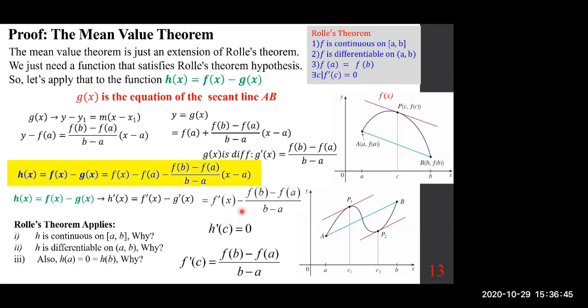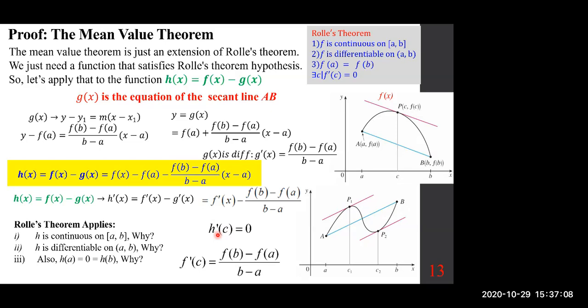I hope you see that when you set this one equal to 0, you're setting this one equal to 0, and it results in this one when the choice is c. Believe it or not, this is the proof of the mean value theorem, and as was mentioned, Rolle's theorem is a special case of the mean value theorem, everybody.